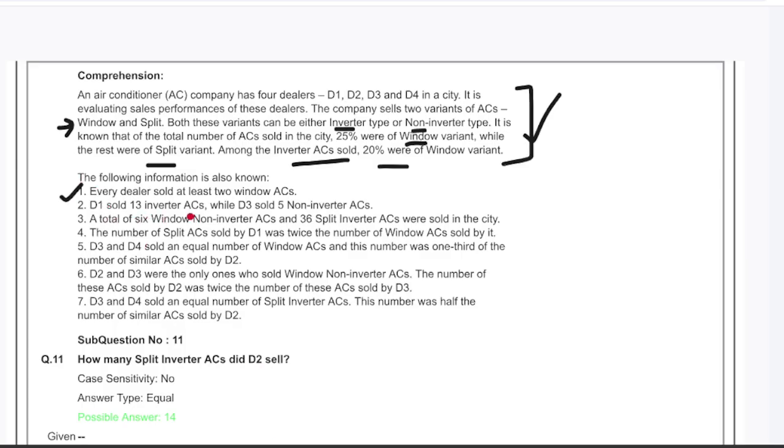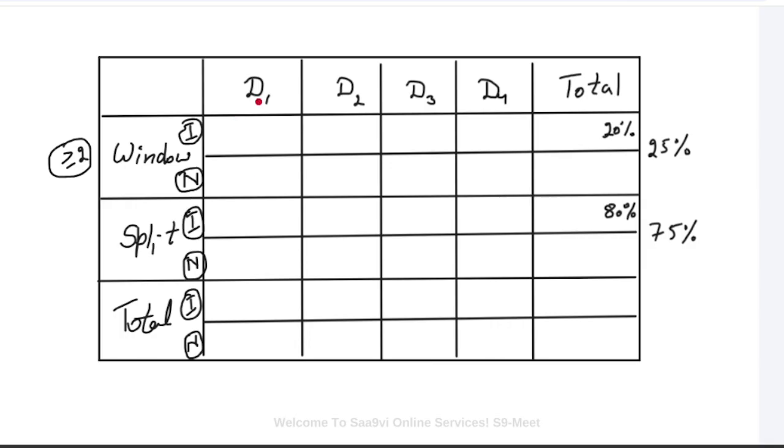D1 sold 13 inverter ACs, and D3 sold 5 non-inverter ACs. So D1 sold 13 inverter ACs. So this is, let's say, A, this is B, and that means A plus B has to be 13.